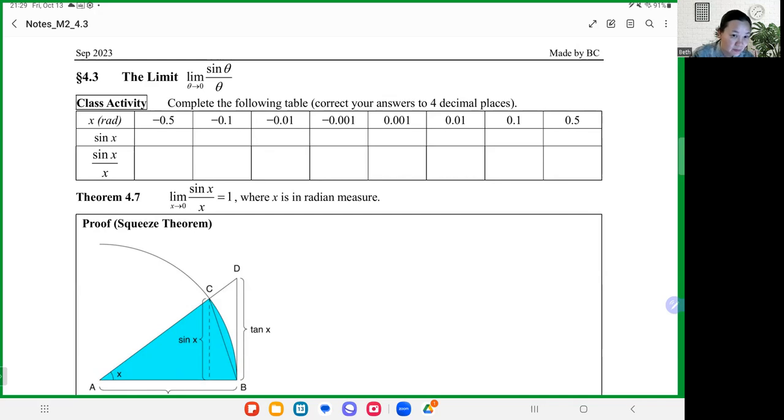Now, before we start, if you look at the title, we're going to learn another limit. When we design the course, we first talk about what a limit is, and then we go on to find different limits.